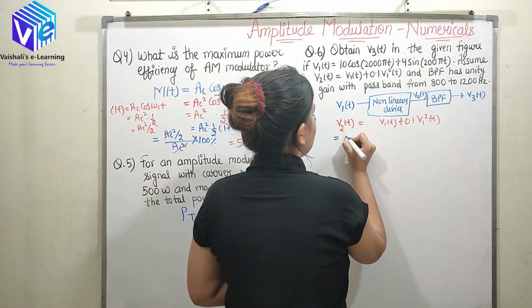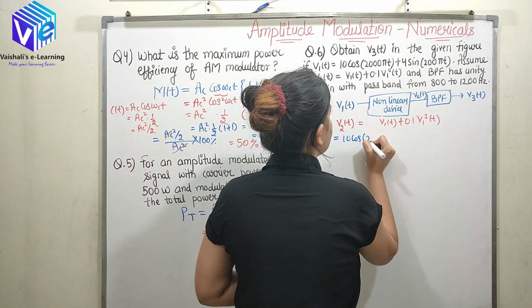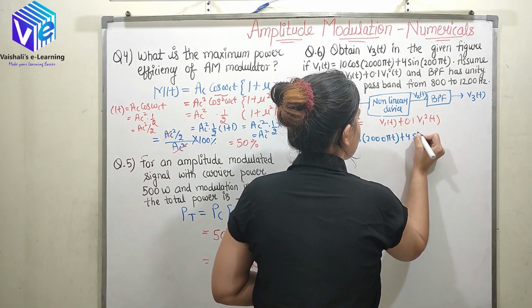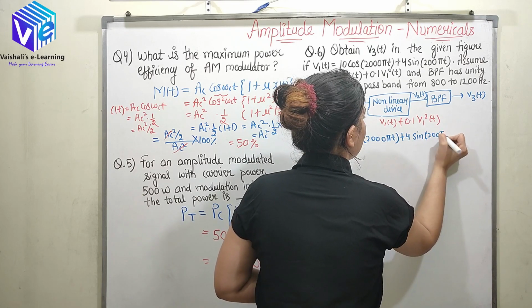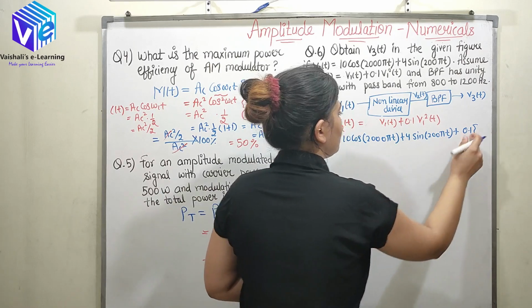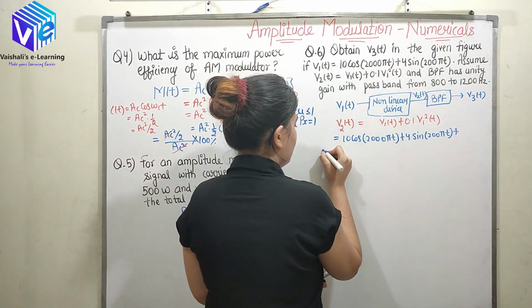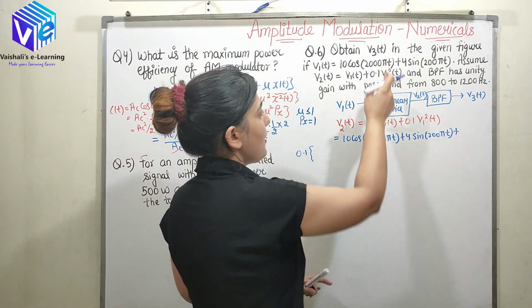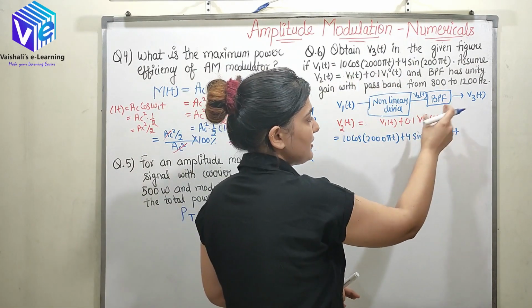So it is equal to 10 cos 2000 pi t plus 4 sin 200 pi t plus 0.1 into, I'll write it here, 0.1 into, now I need to square this term, V1 square(t).